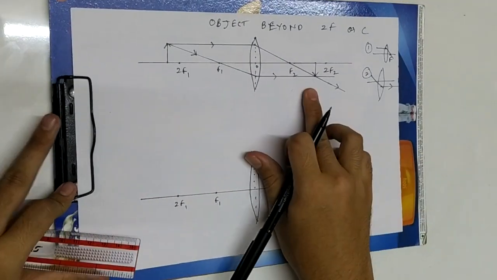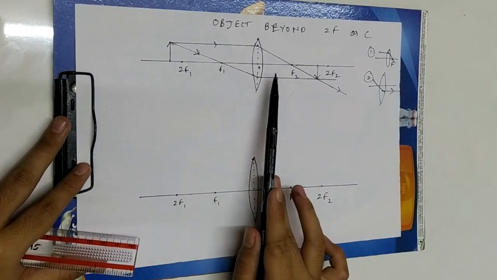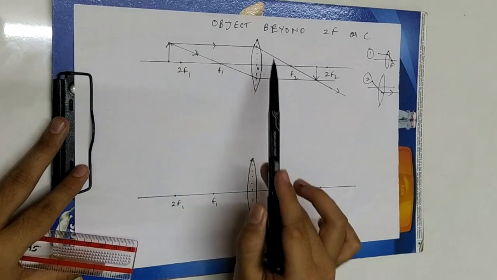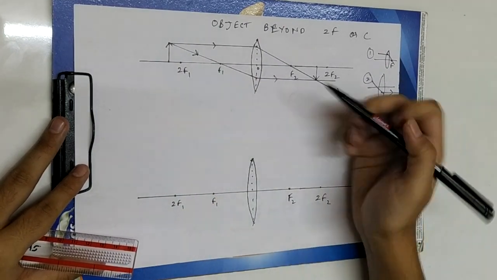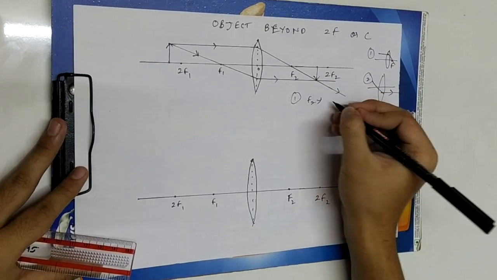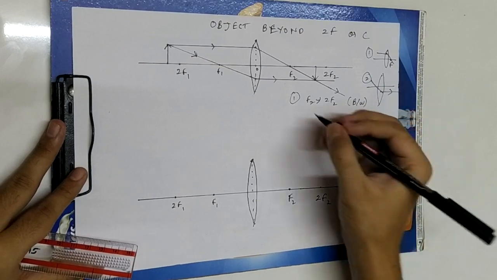This was easy. We have already learned how to draw ray diagrams for mirrors. For lenses, it's very easy. So two rays meet here. Now what can we tell? First thing is, the image is found between F2 and 2F2.